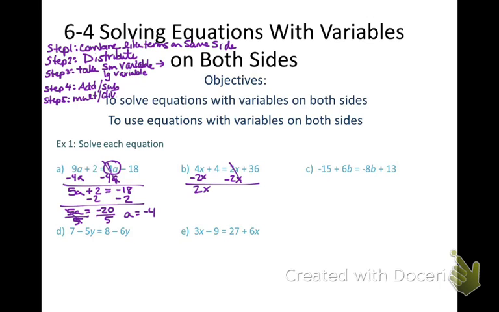So it's going to be 2x plus 4 equals 36. Subtract 4. So 2x equals 32. Divide by 2. X equals 16.